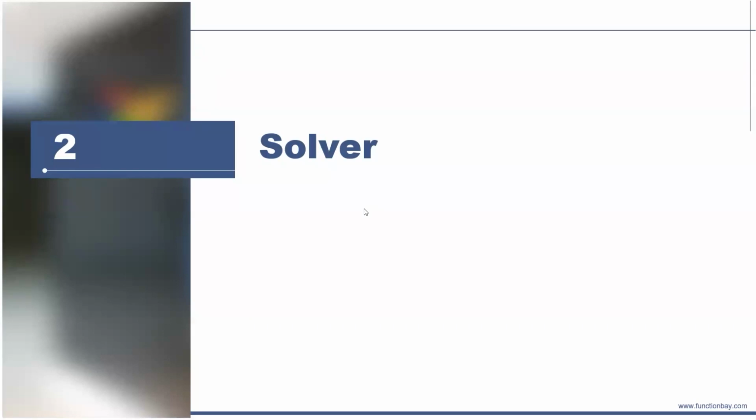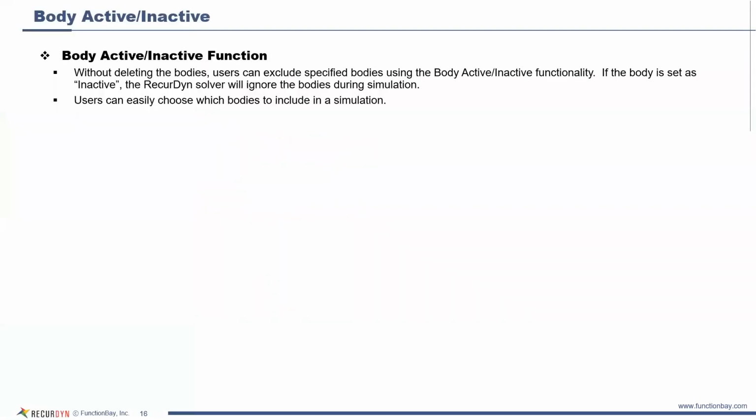All right, so to go through a little bit more of the enhancements, we're now talking about the solver enhancements. One enhancement that a lot of users have been asking for is that you can now activate or inactivate bodies.